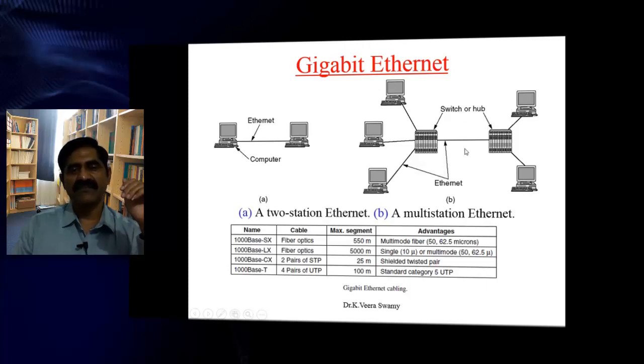In gigabit Ethernet, we also have cable possibilities, either fiber optics or twisted pair. S indicates short, 550 meters, L indicates long, 5000 meters, C indicates copper, and T indicates twisted pair, unshielded twisted pair UTP. In the copper case, it is called shielded twisted pair. These are the various possibilities under gigabit Ethernet.